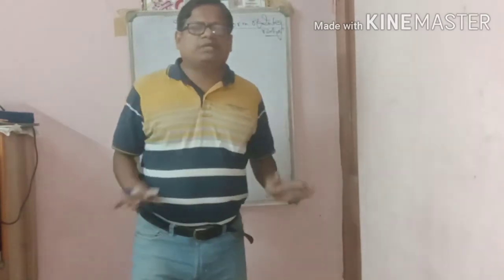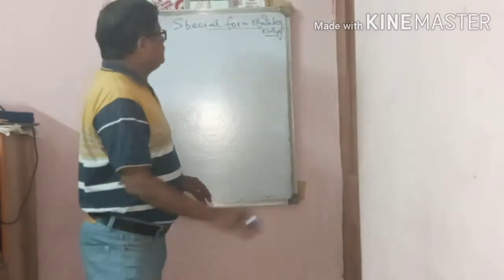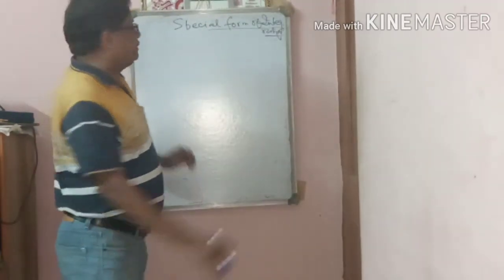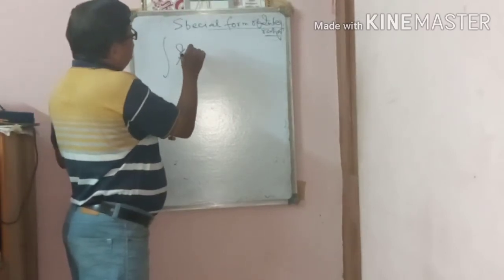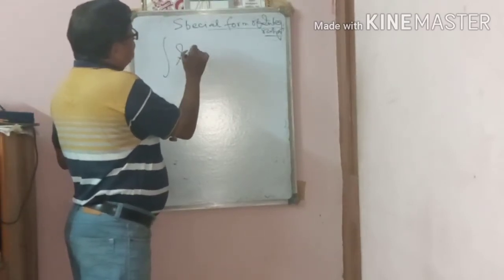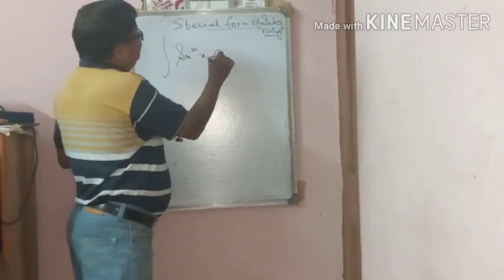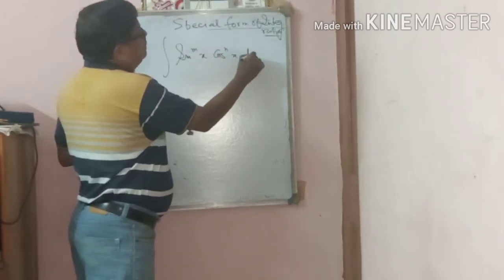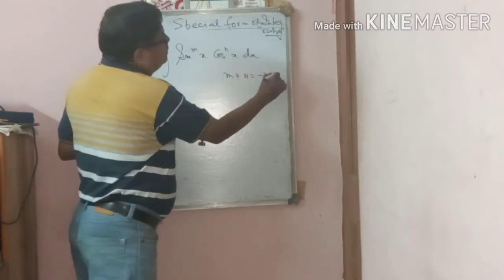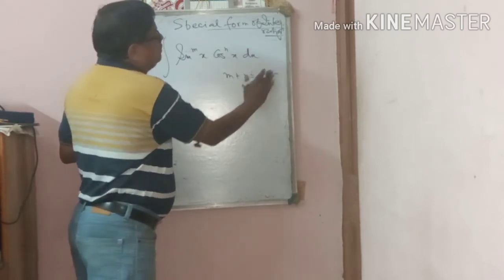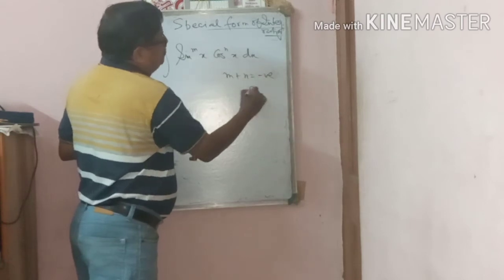Suppose the integration of sin to the power mx and cos to the power nx dx, where m plus n equals a negative even number.